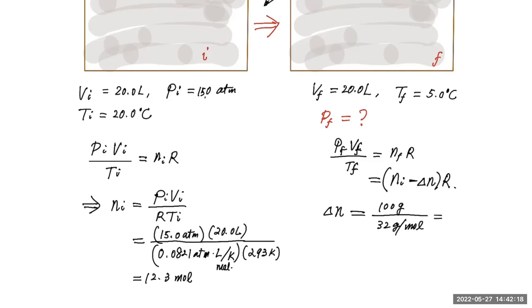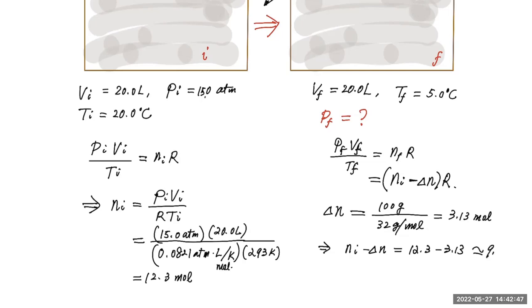If you do that, you find delta N to be 3.13 moles. So you start with 12.3 moles and you lost 3.13 moles. Therefore, N initial minus delta N would be 12.3 minus 3.13, which is approximately 9.2 moles.